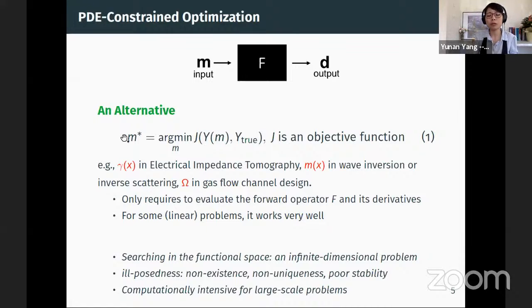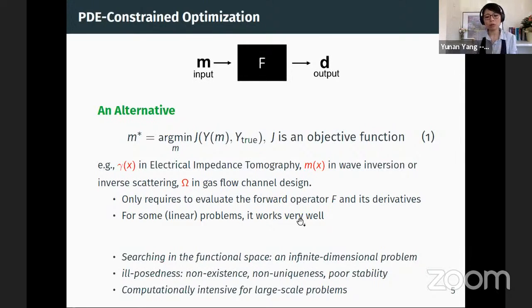If we formulate it directly as a deterministic inversion, once we discretize, we turn it into a finite dimensional problem, which is no longer the original infinite dimensional problem. And the ill-posedness of the inverse problem, like existence, uniqueness, and stability, still gets reflected in this PDE or ODE constrained optimization, most likely in the non-convexity.